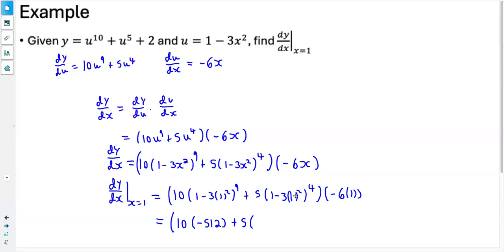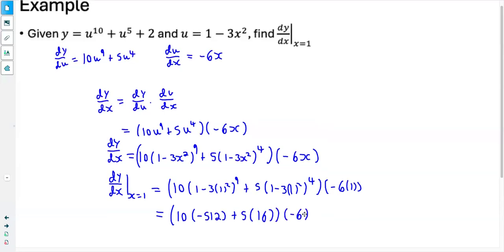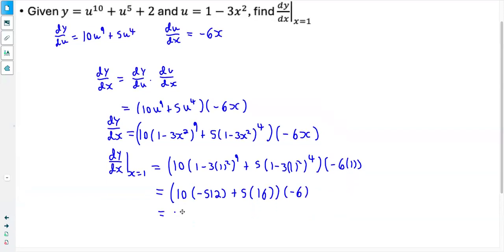Negative 2 to the power of 4 is 16. And then we're multiplying this by negative 6. So that gives us negative, we'll multiply 10 by this, so negative 5,120 plus 80 times negative 6. So that should give us 30,240.